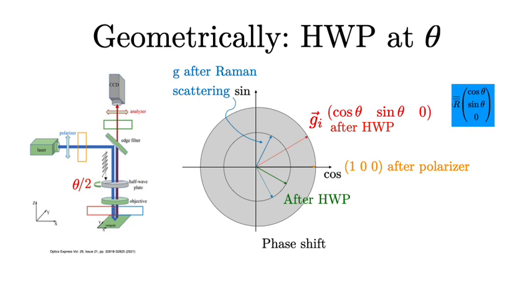And the final step is to project that green arrow on the angle of the analyzer. Here I've not done it because we don't know what GS is, but the projection of this vector on GS will give you the amplitude of the Raman scattering.